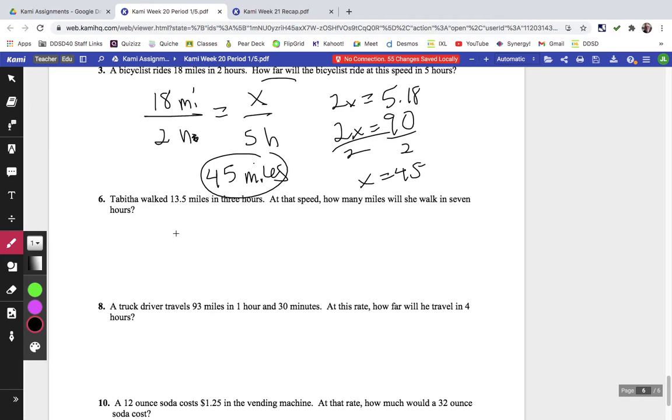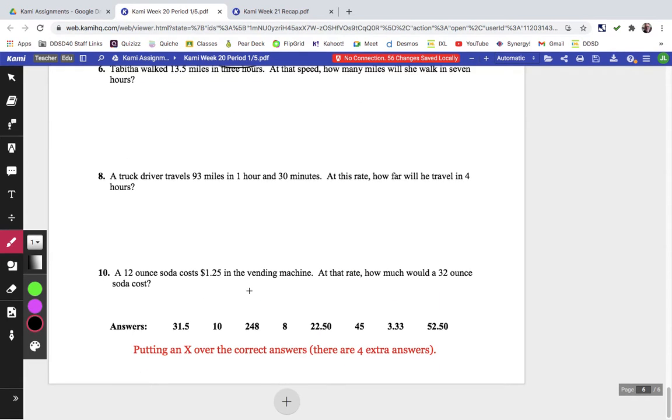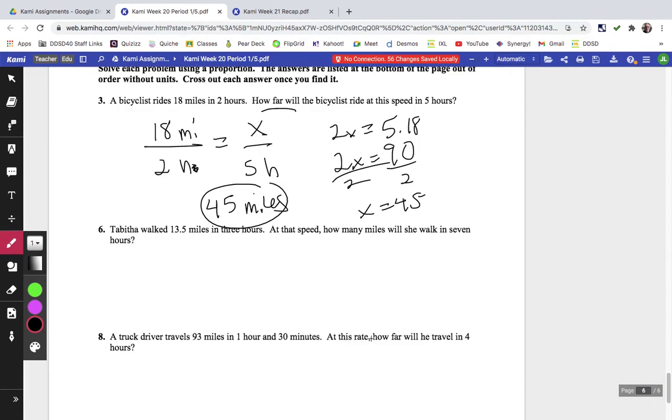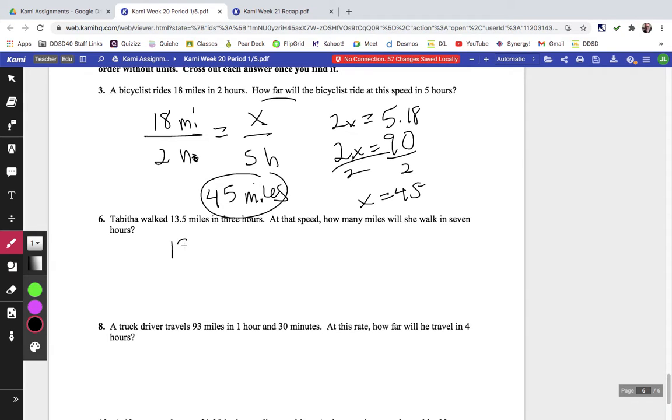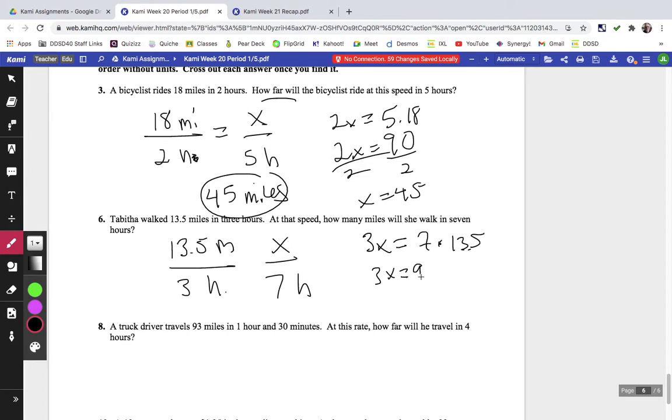Tabisha walked 13 miles in, let's look for the 45 miles down here. 45, there we go. All right, Tabisha walked 13.5 miles in 3 hours. At that speed, how many miles will she walk in 7? So we'll put 7 hours, x. 3x equals 7 times 13.5. 3x equals 94.5.